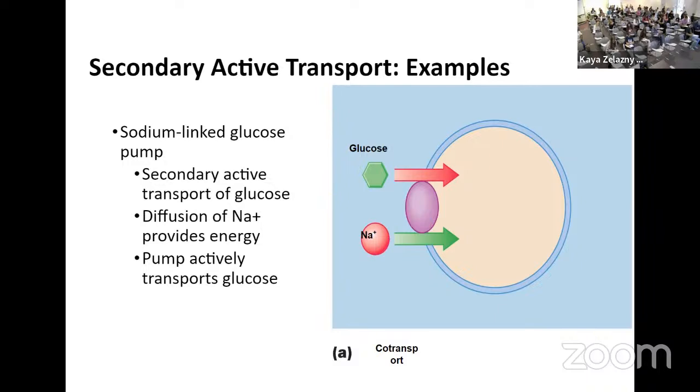That would have been step one. We probably did it with that sodium potassium pump that we looked at as our main most important example of primary active transport. And as sodium diffuses, that movement of the sodium with its electrochemical driving force, so in the direction it wants to go, that pump is actively transporting glucose along with it against the glucose concentration gradient.